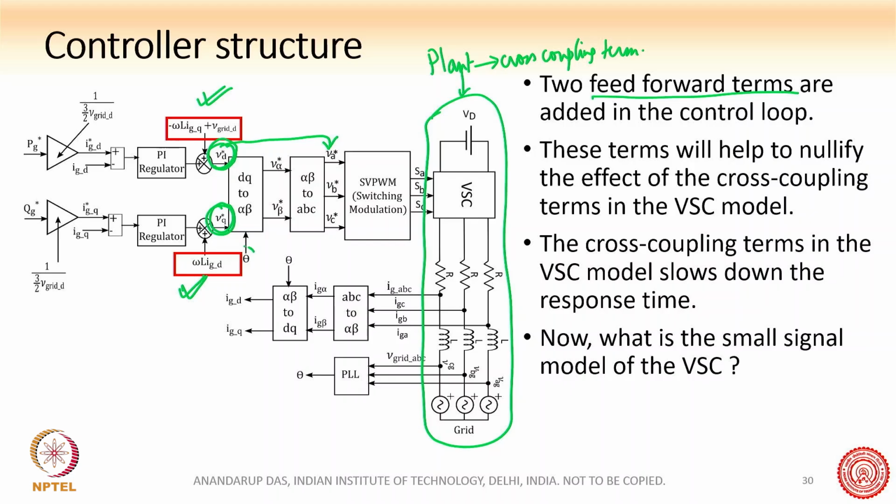From the DQ domain, we again use the inverse Park transformation, so DQ to alpha beta and then alpha beta to ABC. And so we get this VA star, VB star and VC star, which will be used, say, in the space vector PWM. So this is overall the controller structure, where we see what blocks are needed. Important blocks are this PI regulator and also the feed forward term here.